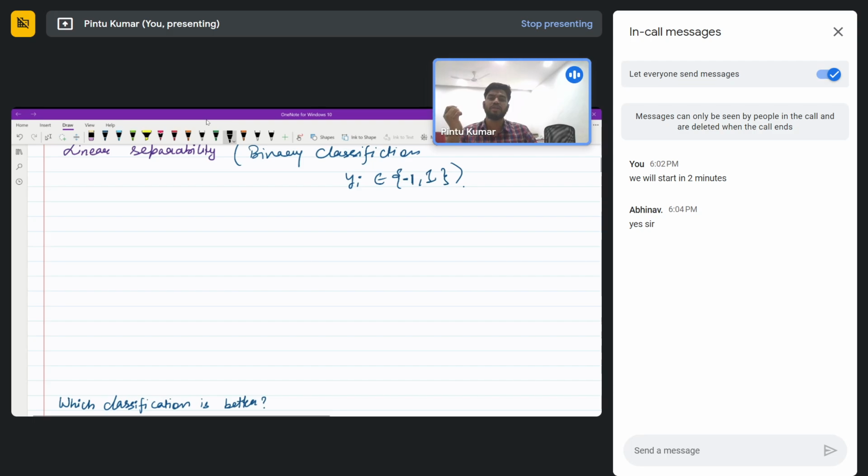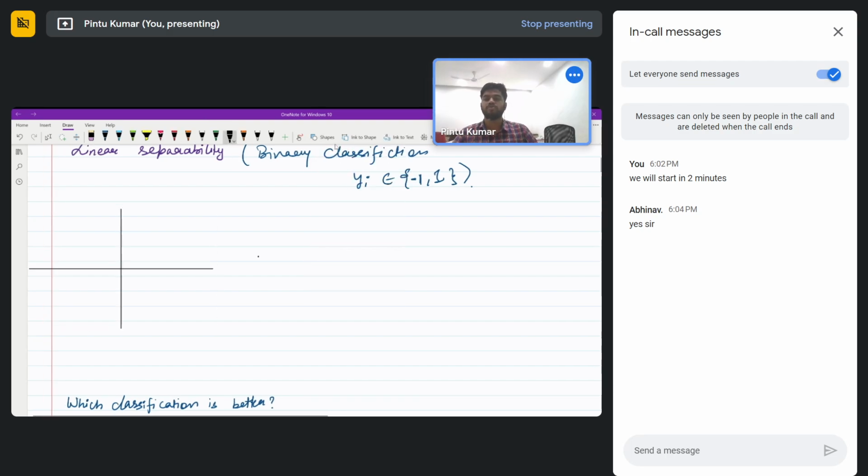Let's begin with an example in 2 dimensions. Let's say you have a 2-dimensional plane. That means your feature vectors are 2-dimensional, so your xi's belong to R2. And you have, let's say, two types of data: this is +1 kind of data, and this is -1 kind of data.